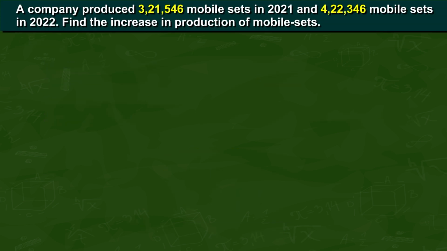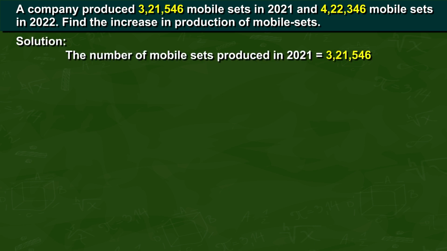Example, a company produced 3,21,546 mobile sets in 2021 and 4,22,346 mobile sets in 2022. Find the increase in production of mobile sets.